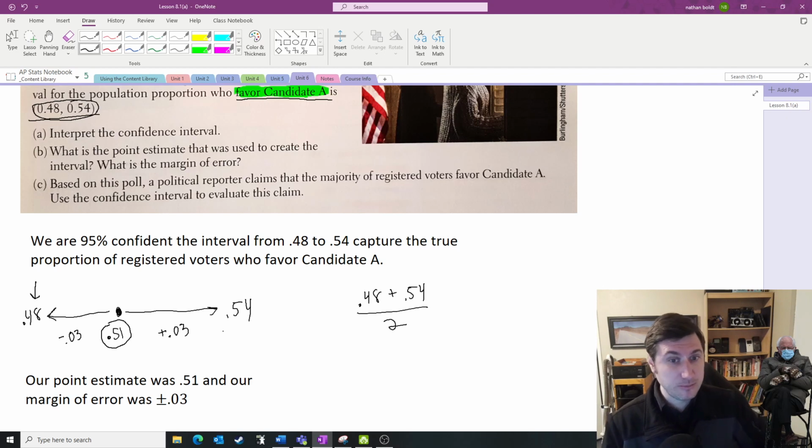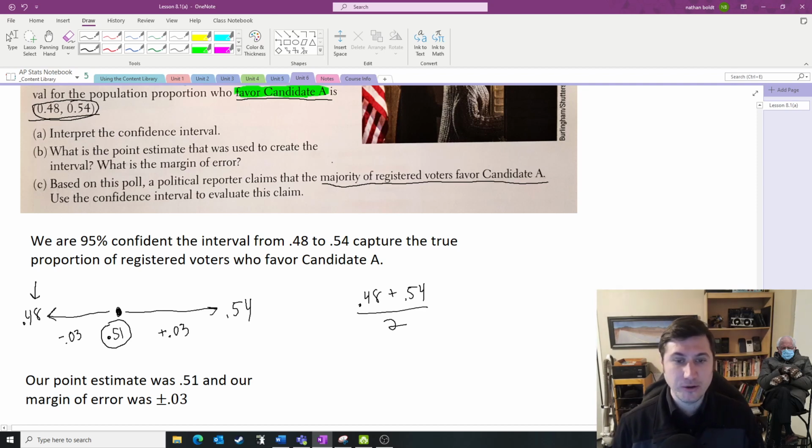That's a plausible value. So we don't have any evidence to claim that the majority of registered voters favor candidate A, because 50-50 is a completely plausible value in our confidence interval. We can't say one is more likely than the other. We don't have anything like that.